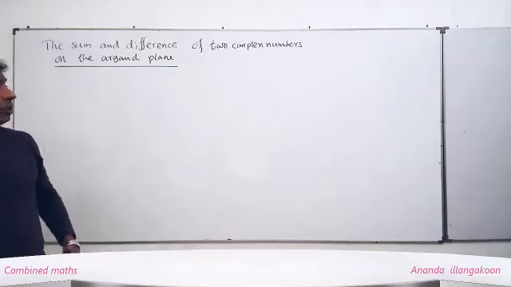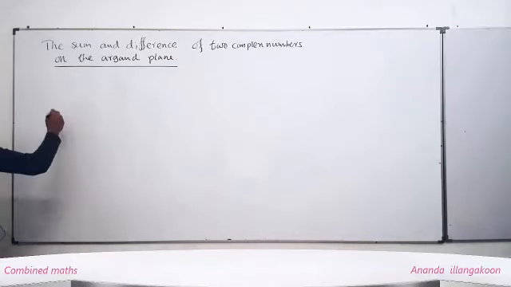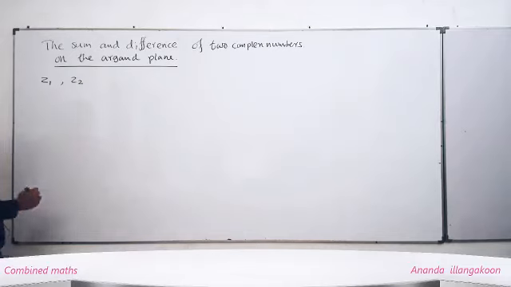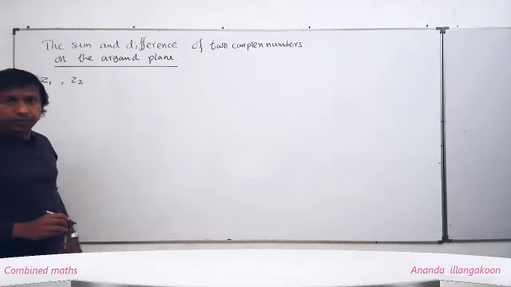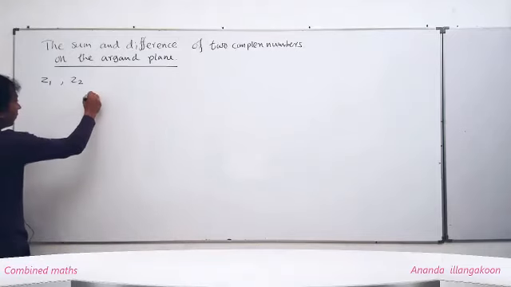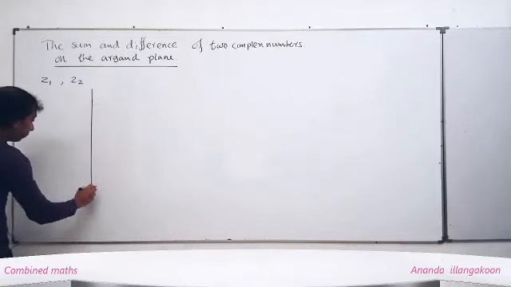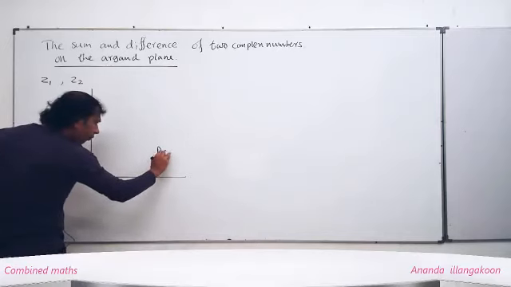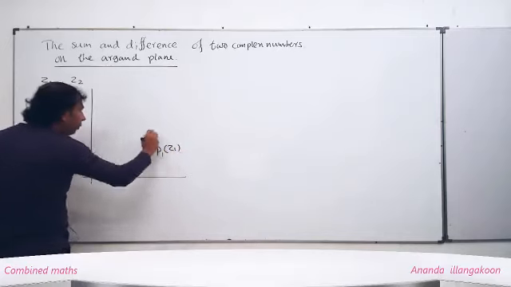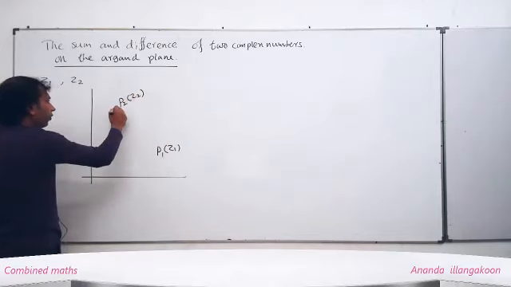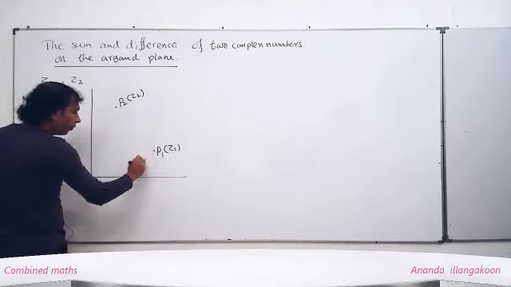Right. Now, people, suppose we have two complex numbers Z1 and Z2, represented by the points P1 and P2 respectively, like this. This is the point P2, this is the point P1.